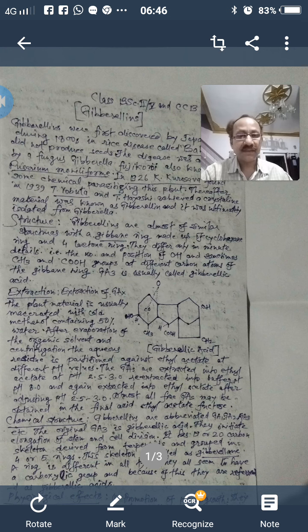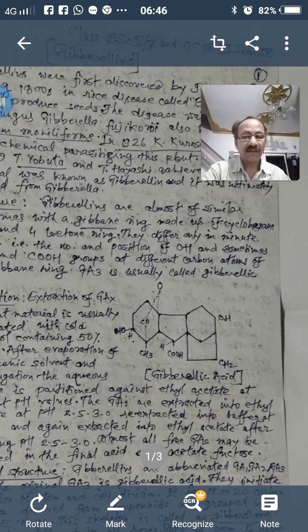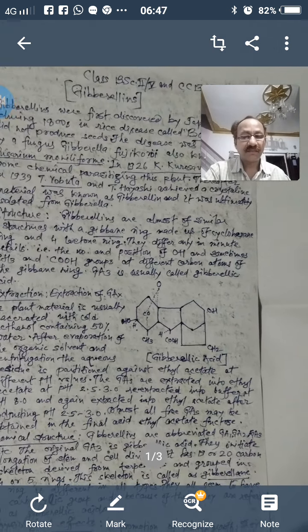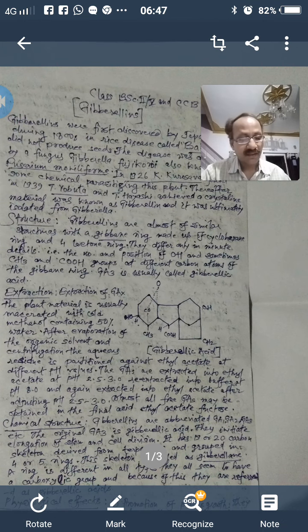It has a 19 or 20 carbon skeleton derived from terpenoids and grouped in 4 or 5 rings. This skeleton is called gibberellin. The A ring is different in all types. They all seem to have a carboxylic group, and because of this they are referred to as gibberellic acids.